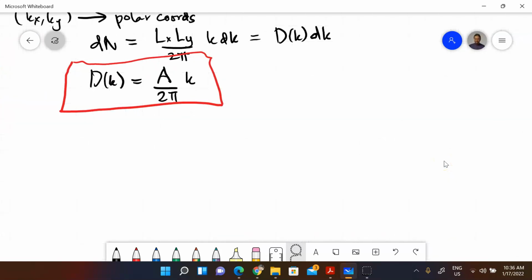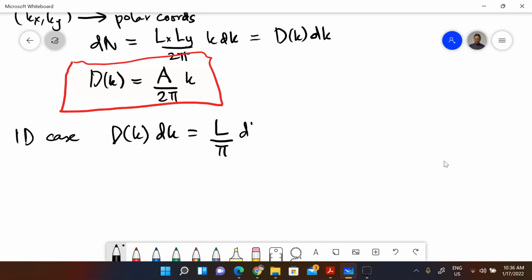So for the 1D case, I'm just going to write the result. The density of states will be given by simply a constant times dk. That constant is just your length divided by pi times dk.